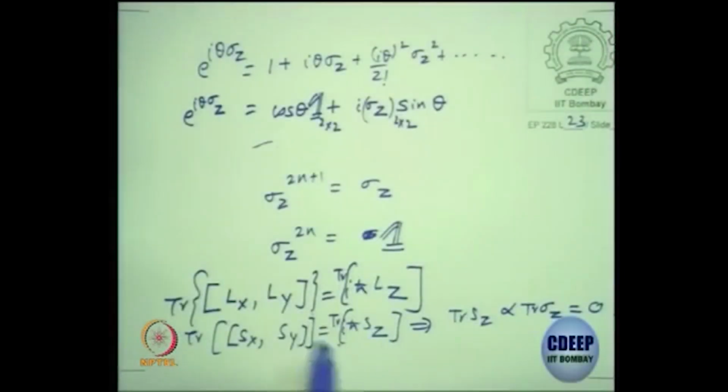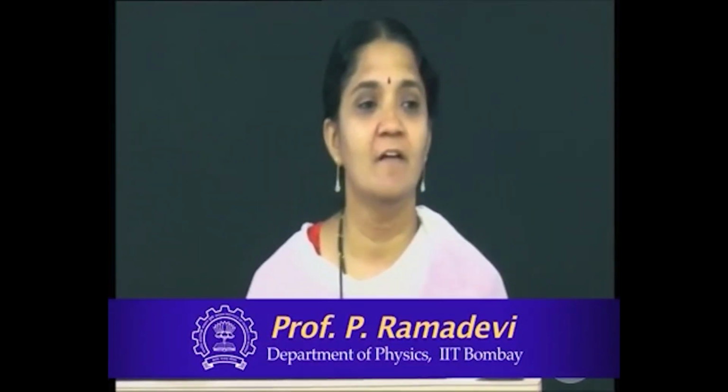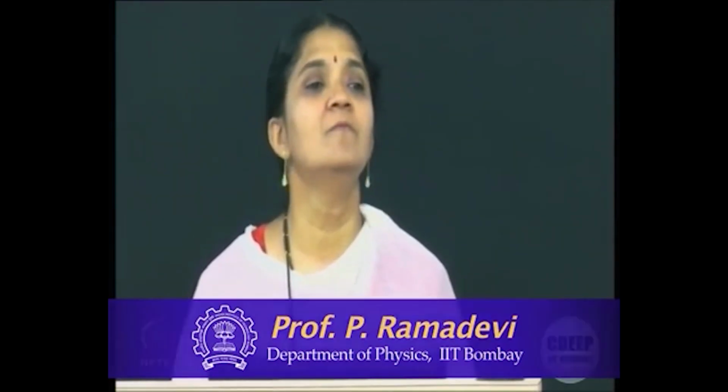So the same argument will go through for all the components. Whichever other matrices we are going to find, if I put this to the Stern-Gerlach apparatus with magnetic field along x direction, you can show that trace of Sx has to be 0 and we can write a corresponding sigma x.